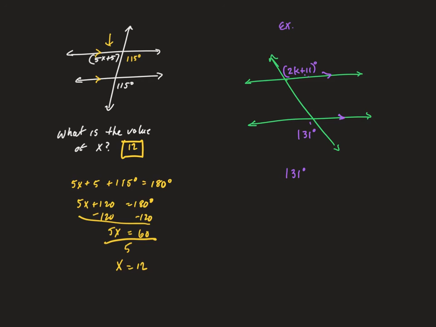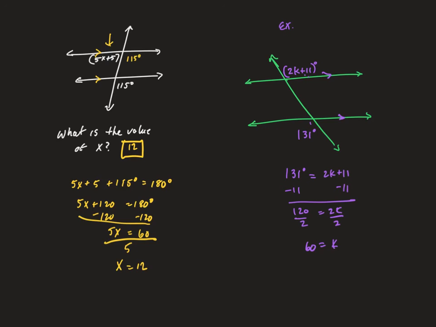So 131 degrees plus 2k plus 11 is going to be equal to, not 180, they are going to be equal to one another because they are congruent. And if that's the case, then we can just go ahead and solve. Minus 11, that is 120 degrees equals 2k, divided by 2, and then k is going to be 60. So we're just applying those definitions that we've been using to numbers and solving for the equation.